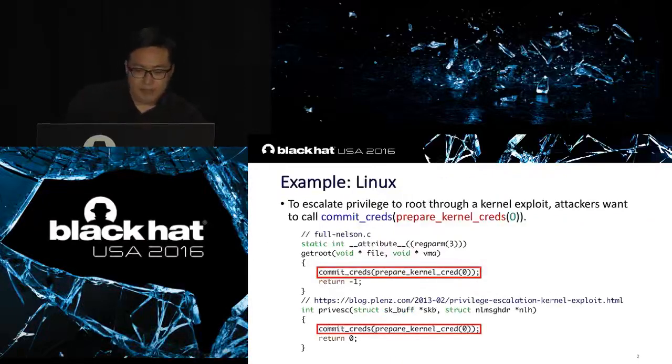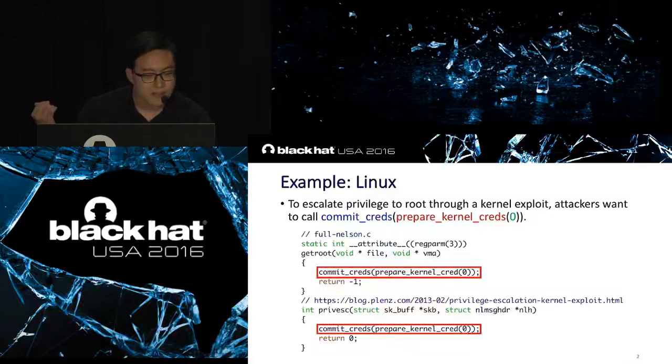Let's take an example of how kernel ASLR makes an effective defense against exploits. In Linux, when launching a privilege escalation attack through a kernel exploit, the attacker might try to call two functions. One is prepare_kernel_cred with 0 to prepare root credentials, and the other is commit_creds, which makes the current user a root user.